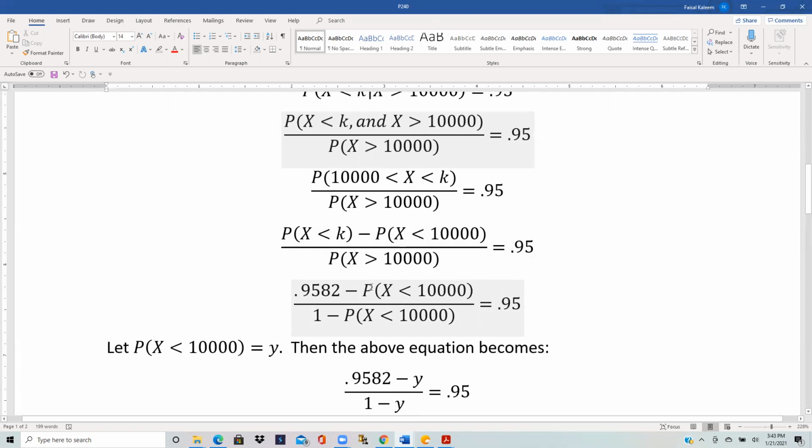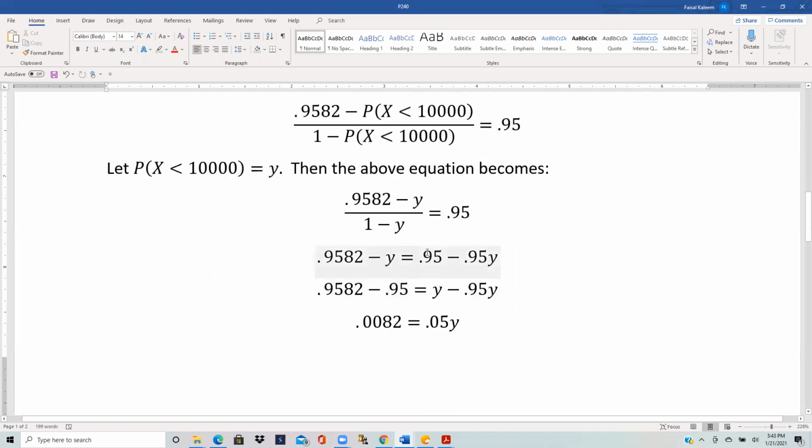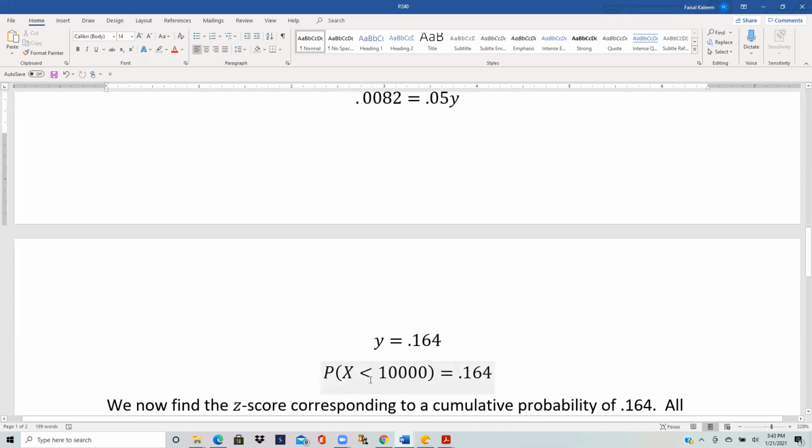So this probability X less than 10,000 is the only unknown in the equation. Let's call it Y. So then it's 0.9582 minus Y, over 1 minus Y, equals 0.95. So here you move this thing over and do the algebra, and you get Y equal to 0.164, and Y was probability X less than 10,000.